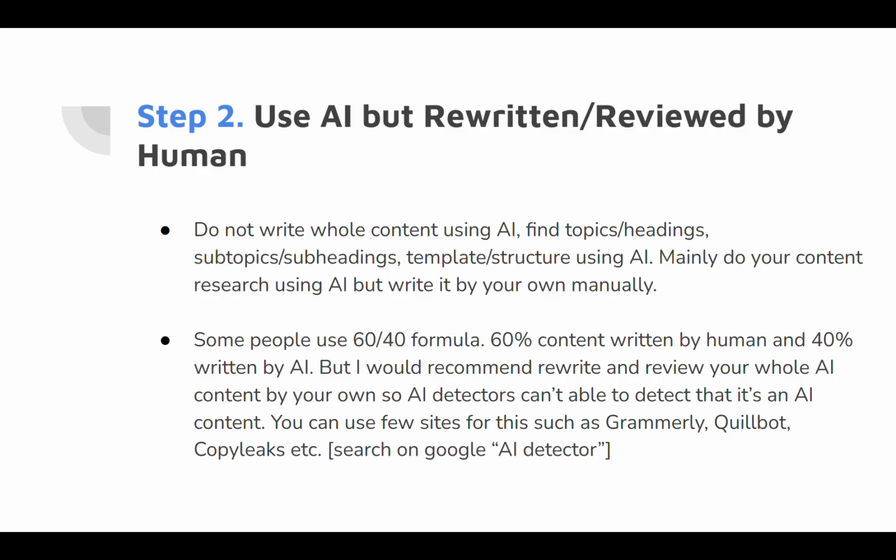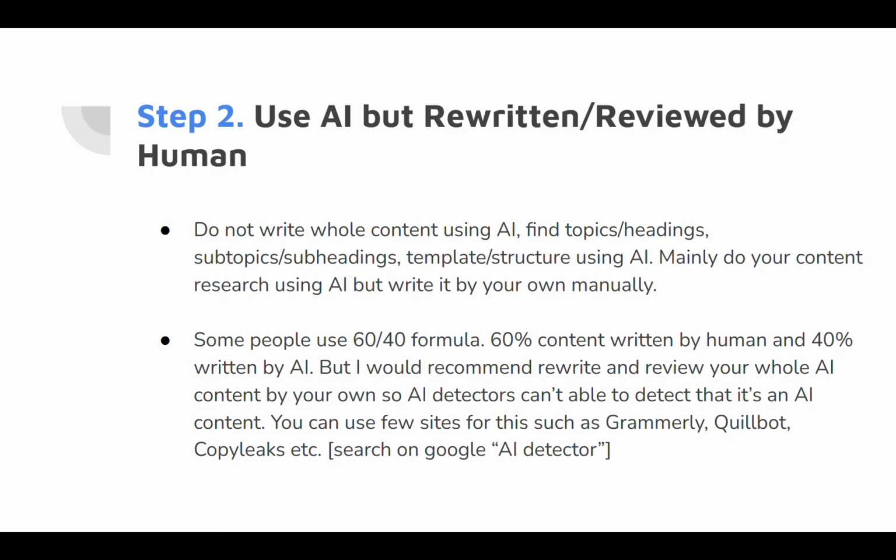Some experts mention that Google and other search engines use AI detectors to find out whether it's AI content or not, and then they can give some spam score. So rewrite it yourself, use as little AI in the content as possible, and you can use the 60-40 formula.